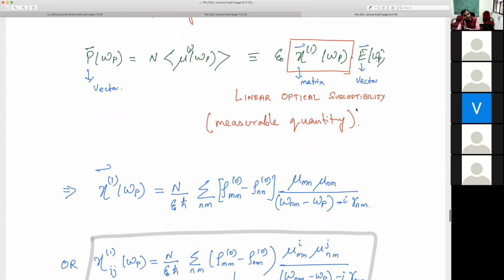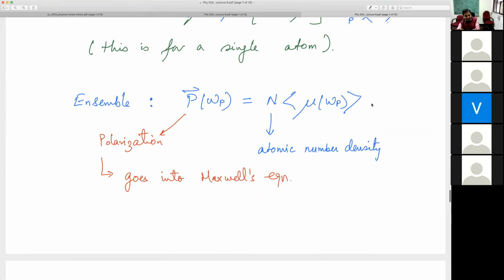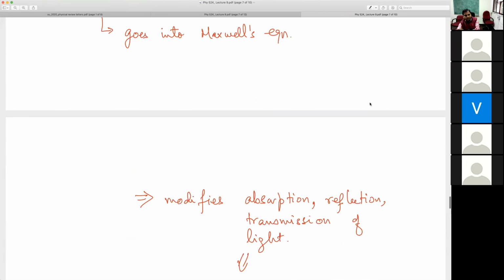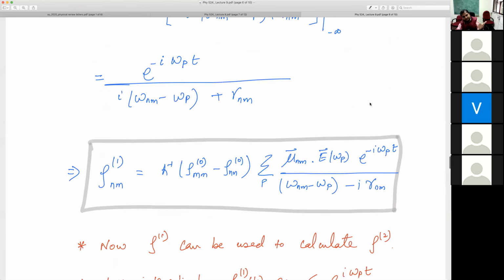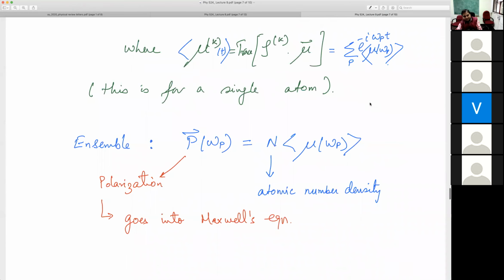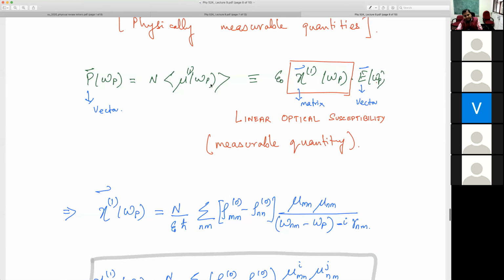So it's called linear optical susceptibility. If I explicitly write down the expression, just from this definition, because we explicitly calculated mu of omega p, we just calculated the density matrix, but mu is just a matrix. So I can immediately calculate this quantity explicitly, and then derive this.